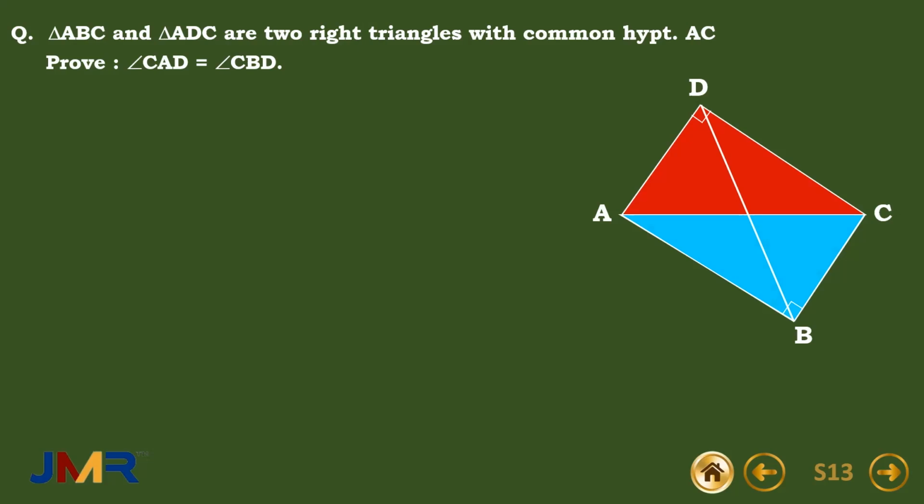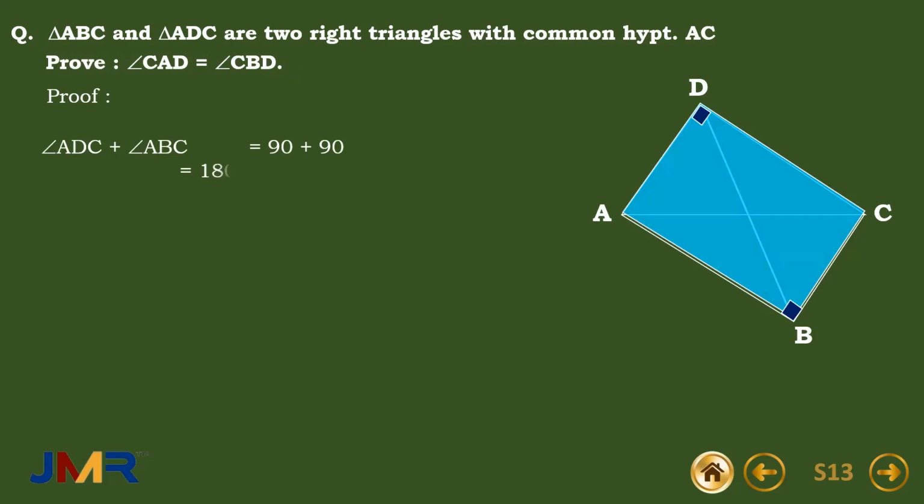In that quadrilateral ABCD, angle B and angle D are 90 each. That means these two are opposite angles. These two opposite angles sum is 180 degrees. Therefore, I can conclude that ABCD is a cyclic quadrilateral.